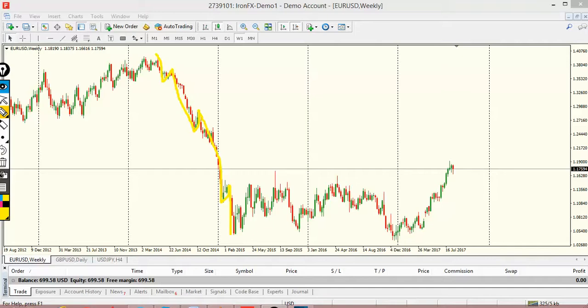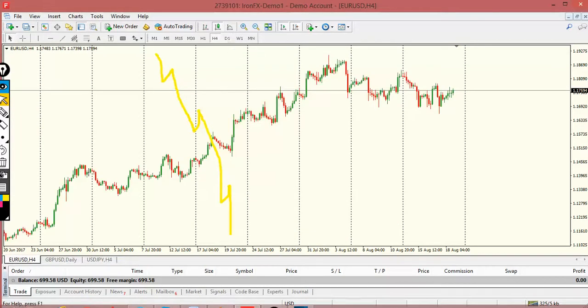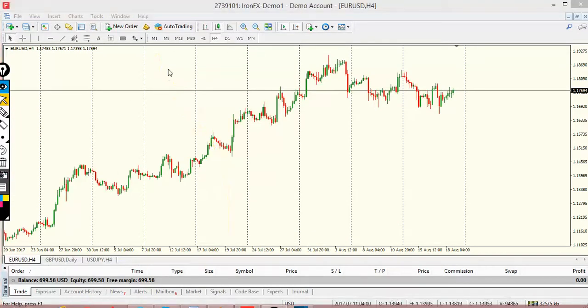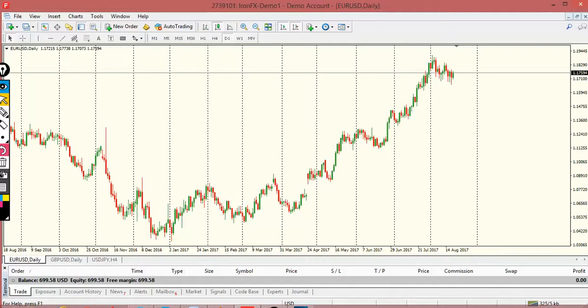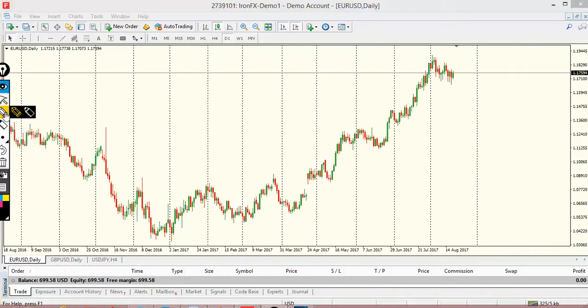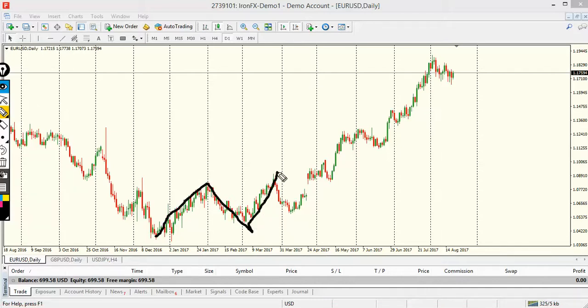Now we can also look at an uptrend. Let's go to maybe the daily. You can see that the market went all the way here, pulled back. See, lower high, higher high formed.